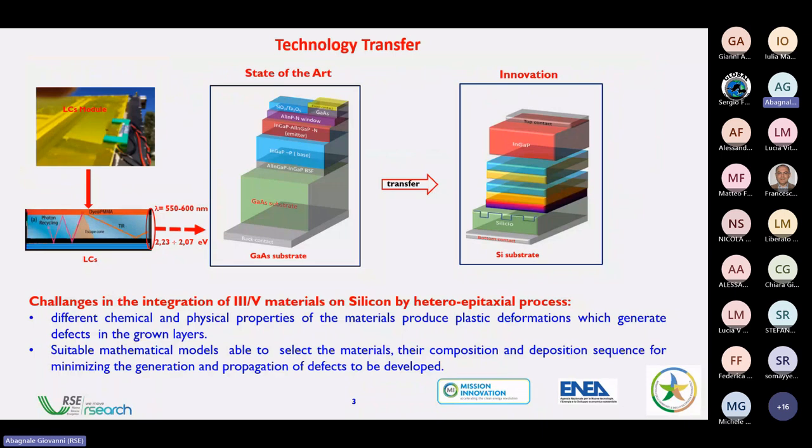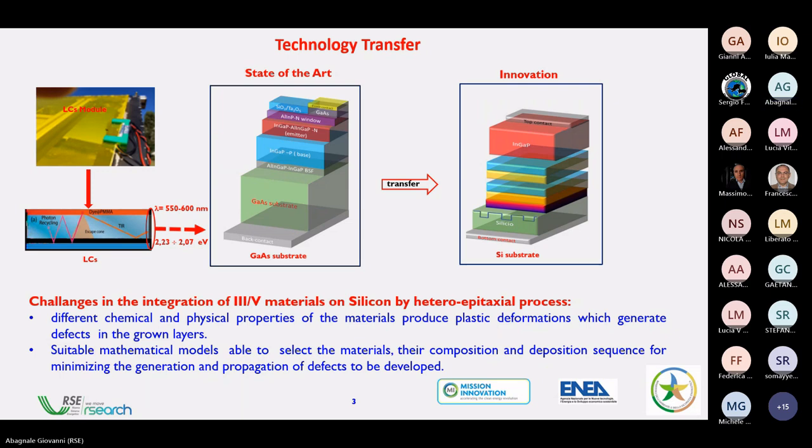At the state of the art, for these devices the gallium arsenide substrate is more suitable. It is produced on gallium arsenide substrate because it is more suitable for producing the gallium phosphide solar cell, given its properties. For transferring this technology onto silicon, we have to take into account the different chemical-physical properties of III-V materials with respect to silicon. These differences produce plastic deformation, which generates defects in the grown layers.